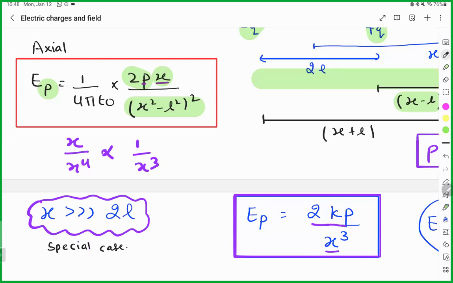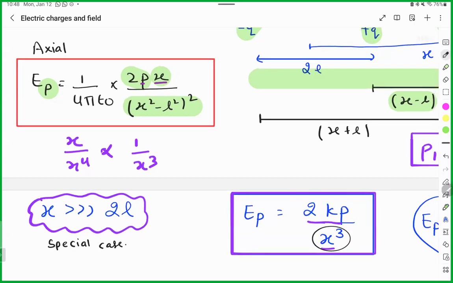So you can ignore 10 centimeter in front of 5 kilometer. So you can ignore L square completely because it's very small. It will be x raised to power 4, and in the numerator you have x. Ultimately, it will be this.